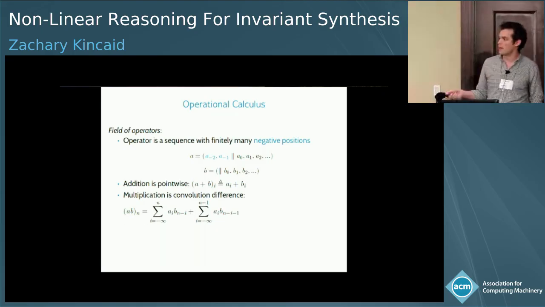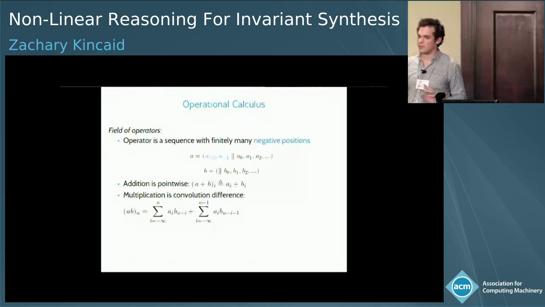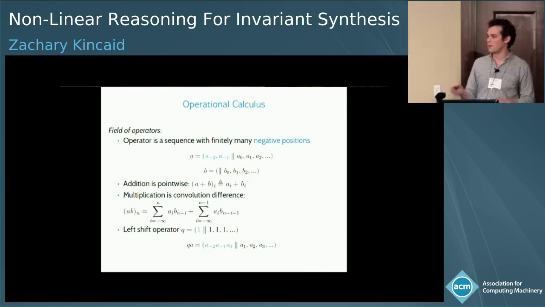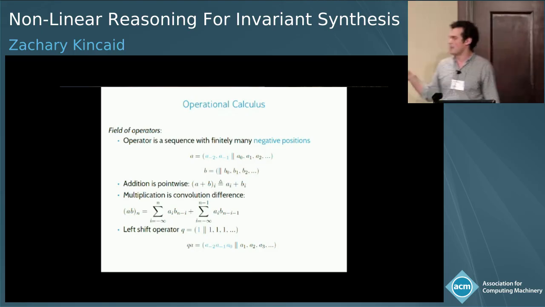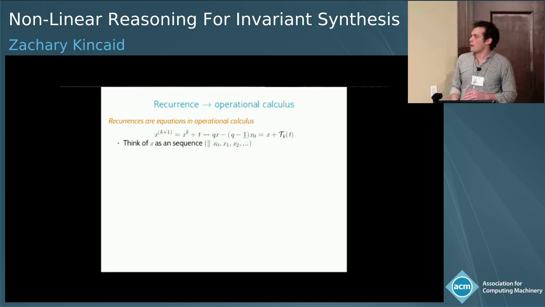We can multiply them by taking this convolution difference. You don't need to understand the convolution difference. The thing you need to understand is that there is a left shift operator. So this element Q, which consists of a 1 in the negative 1 position and then 1s forever on, has the effect that if we multiply a sequence by Q on the left or right, what we end up with is the same sequence shifted one position to the left.